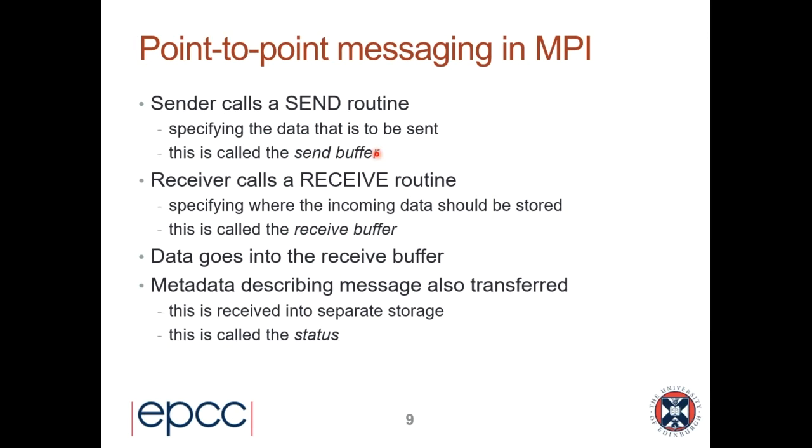When you receive data, the data goes into the receive buffer, but you have to receive the metadata separately. So when you issue a receive, you have to specify two storage locations: one for the data to go into, which is the receive buffer, but also somewhere for the metadata to go into, which is a small variable or array called the status. So send buffer on the send side, and on the receive side, receive buffer and status are the key concepts and terminology.